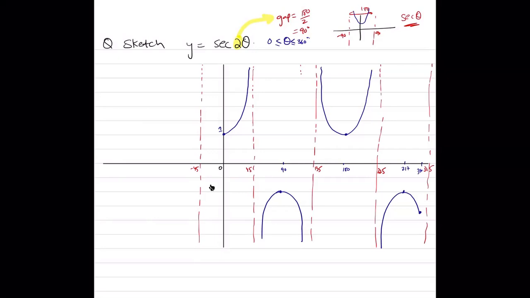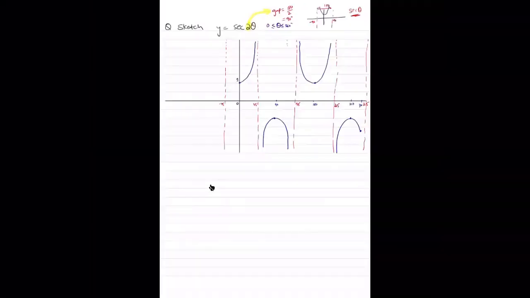Now let's do some questions in radians. The interval is given from 0 to 2 pi radians. I want you to draw y equals 1 plus secant x. First have an idea of secant x and then shift the entire graph 1 unit upward. So do you want to try this on your own first? Okay.